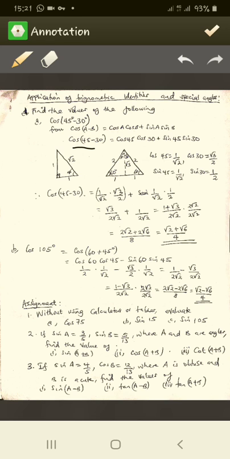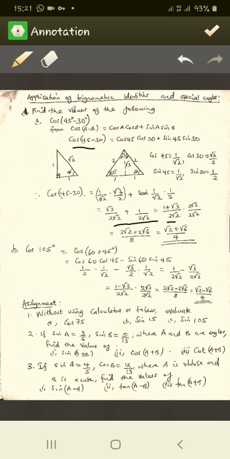So when we multiply 2 times root 2 here, the answer is 2 root 2, and 1 times root 3, the answer is root 3, as you can see. Then what remains there is just mathematics. The LCM is the same, so we have 2 root 2, and the numerator is 1 plus root 3.